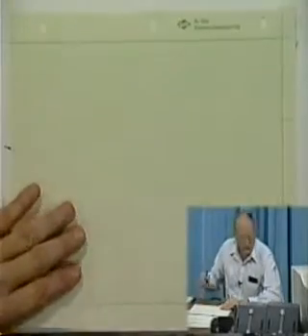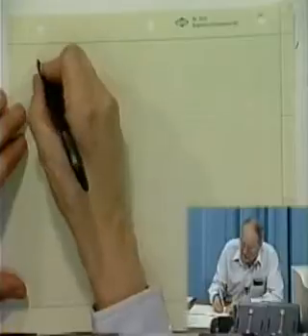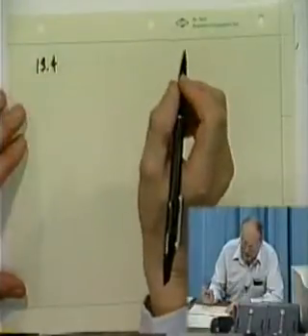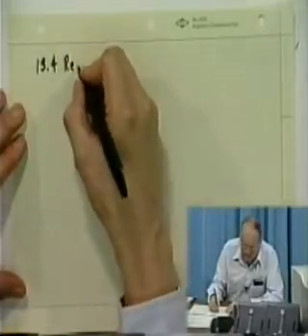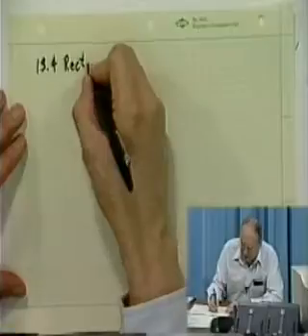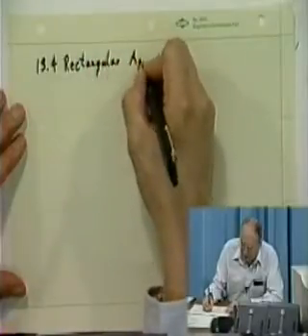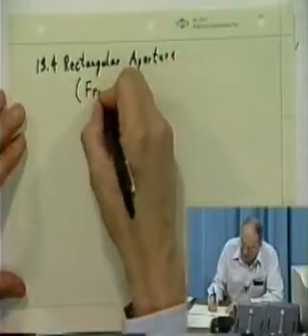This is section 13.4. What we're going to look at is Fresnel diffraction for a rectangular aperture. And this is still Fresnel diffraction.